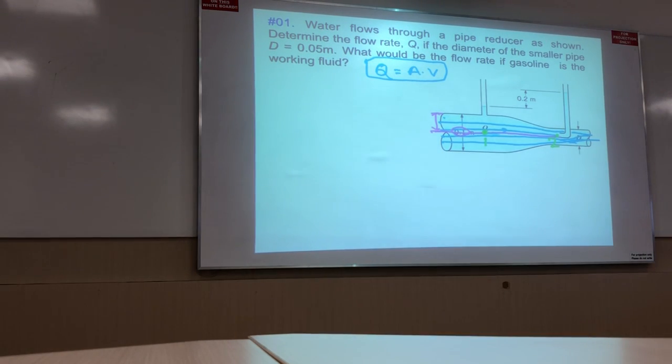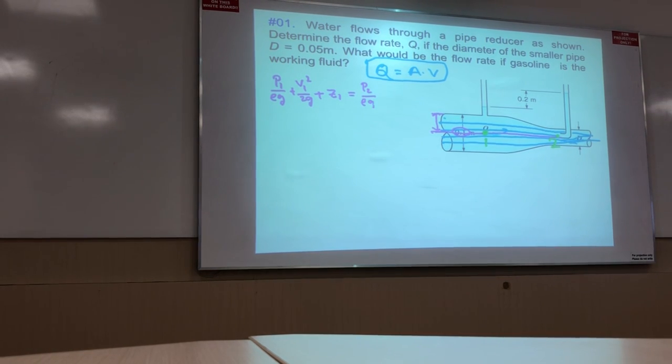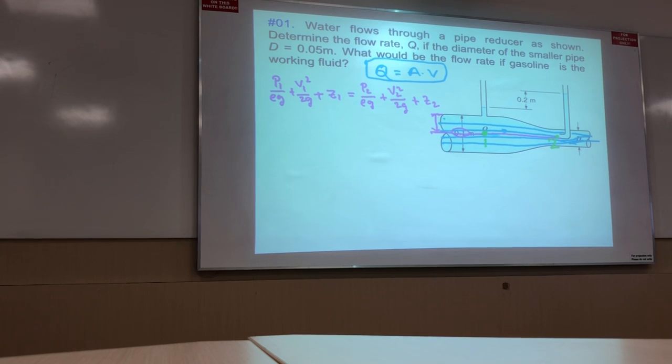So, how can I use it? You take a look. I write very carefully. I can write P1 by rho g plus V1 squared by 2g plus Z1 is equivalent to P2 by rho g, because of the same fluid, that's why rho g is the same, I didn't change, plus V2 squared by 2g plus Z2.